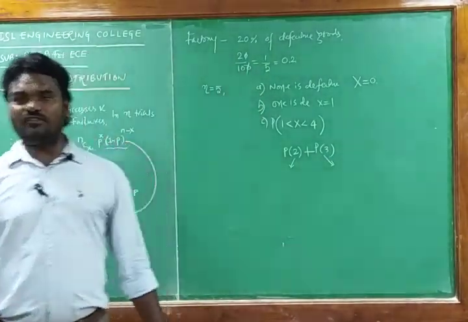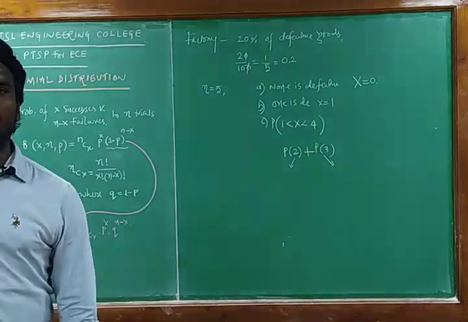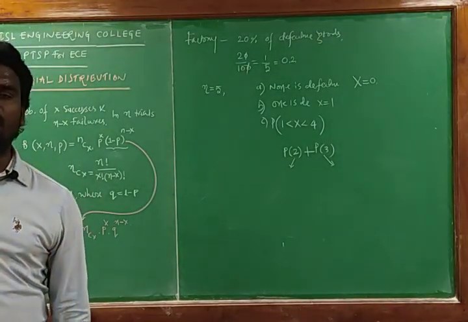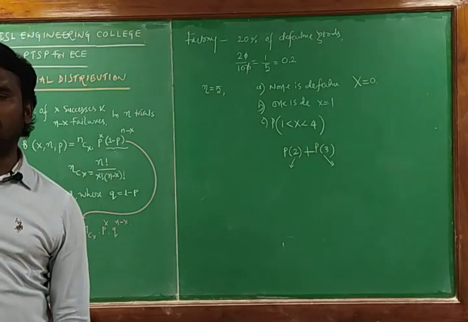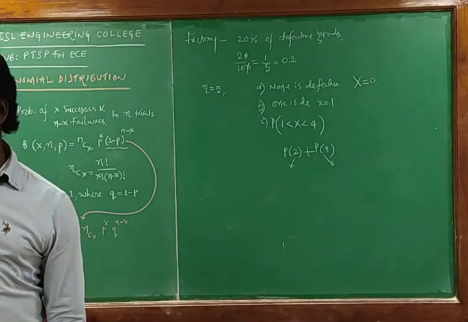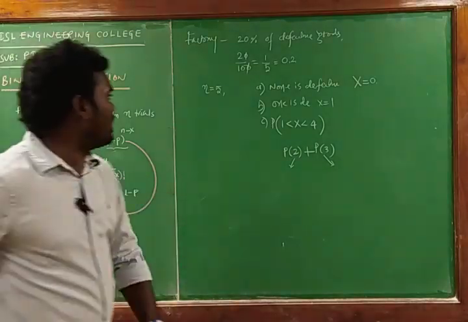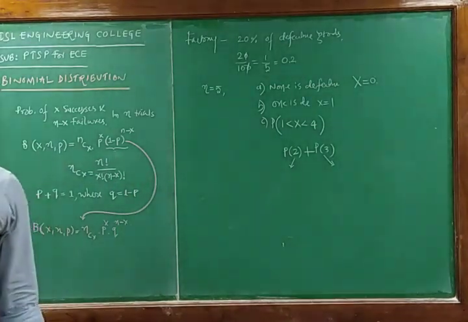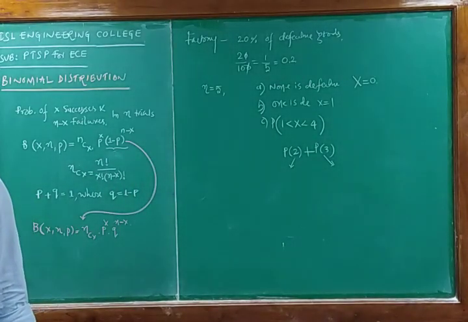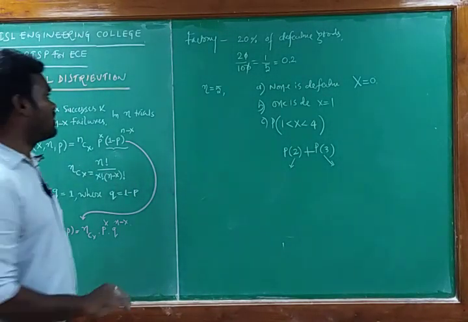So we know the standard formula for the binomial distribution. Binomial distribution of x, n, p is equal to nCx into p to the power of x into 1 minus p to the power of n minus x. Here n is equal to 5, and the probability that an item is defective is 1 by 5.